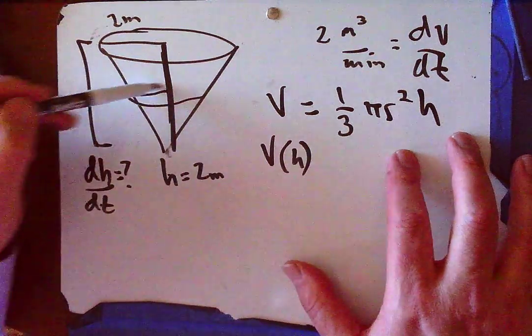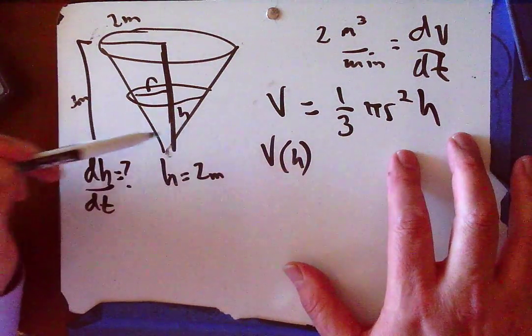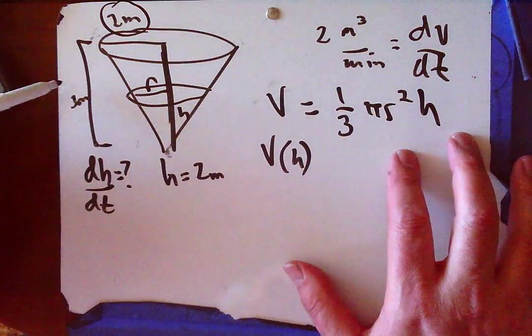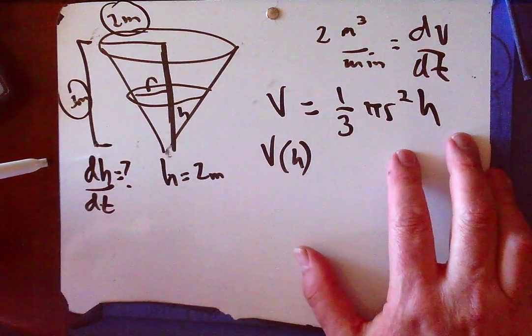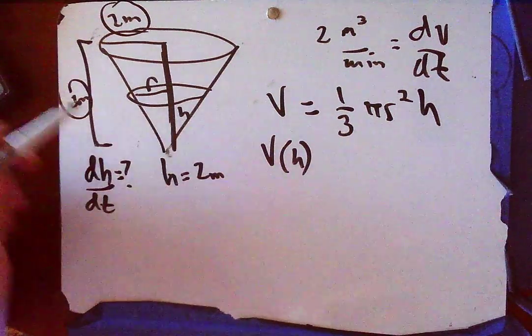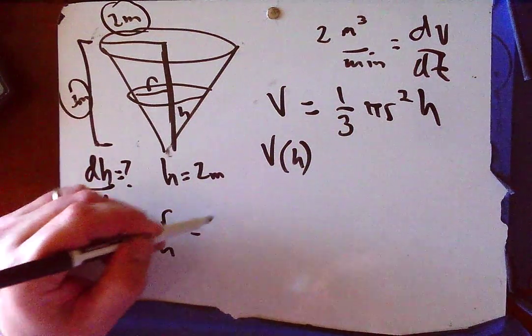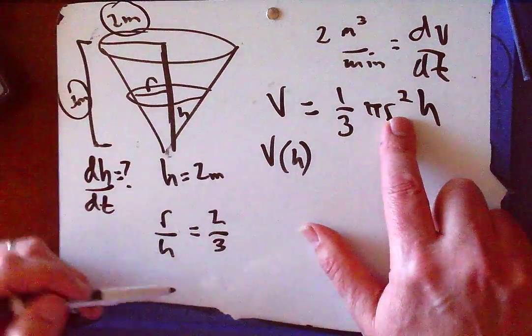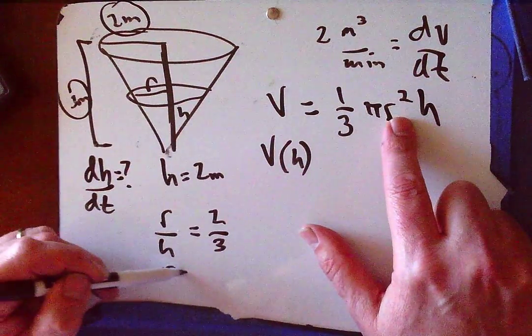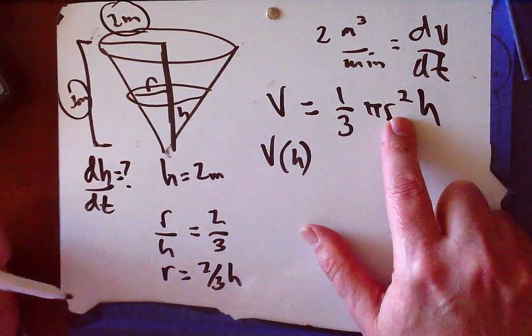where we say, okay, there's r, there's h, is to 2, and is that 3? Yes. So r is to h as 2 is to 3. We want to get rid of r, so solve this for r. r equals 2/3 h.